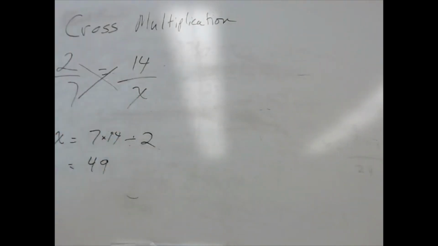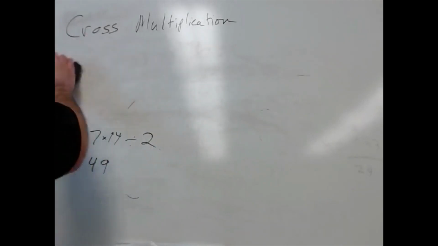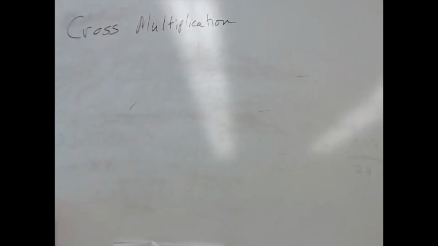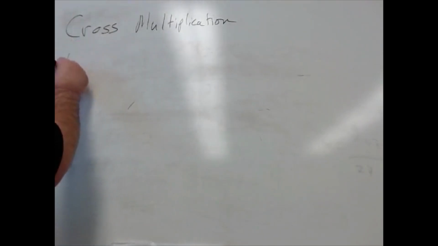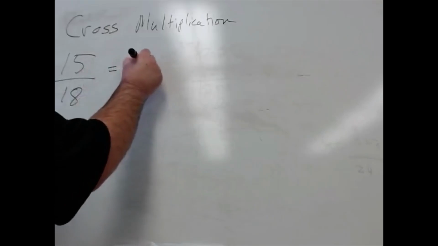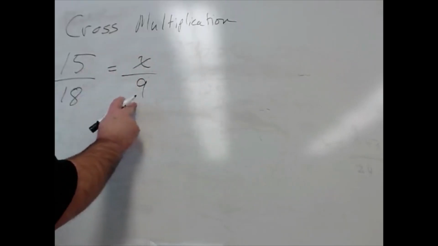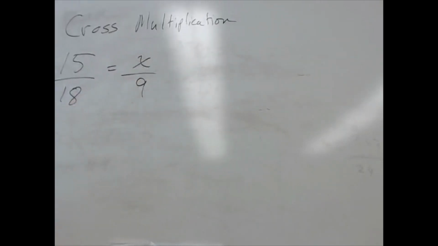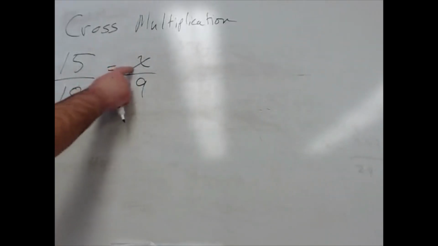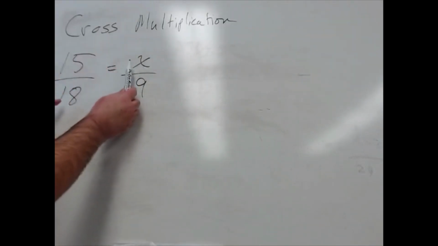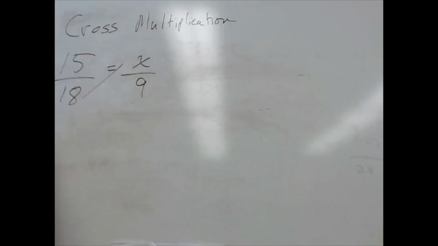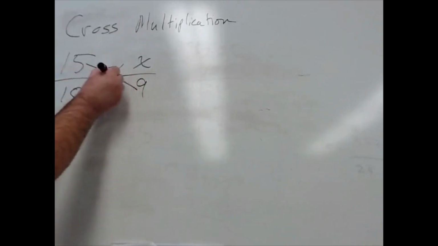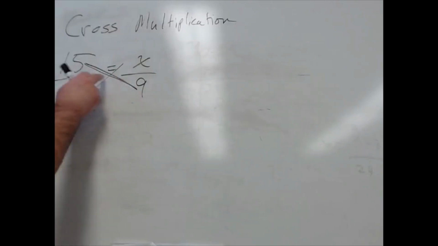Alright, let's look at another one. Let's look at 15 over 18 equals x over 9. So in this case, my x is here. That means these two numbers I don't know, because I don't know what that one is. But these two here, I do know. So those are the numbers that get multiplied.